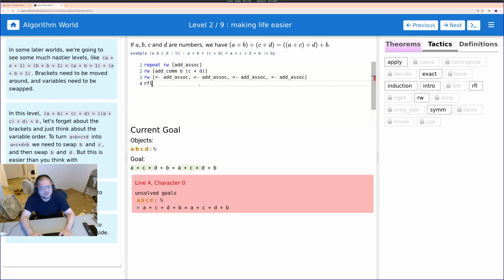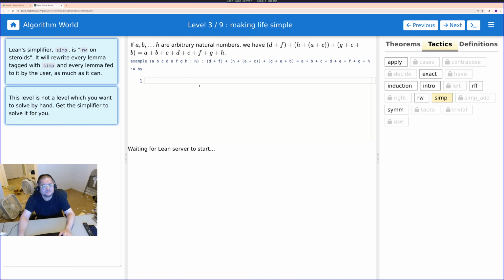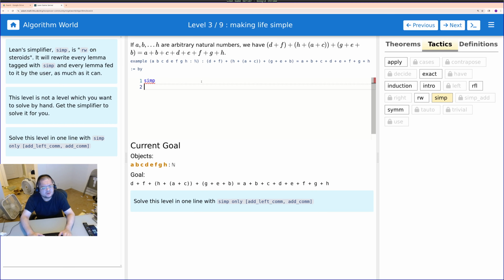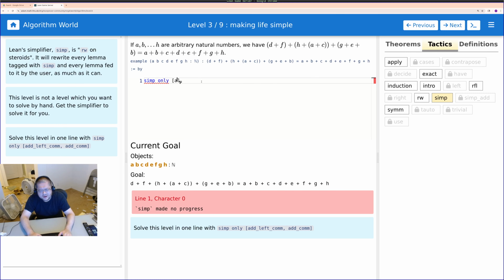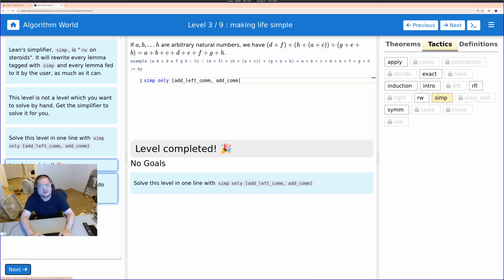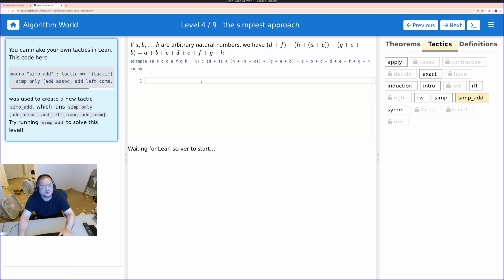Okay, did this solve it? This solves it. So, this is where we use simp. Only add left this and add. Okay, great.